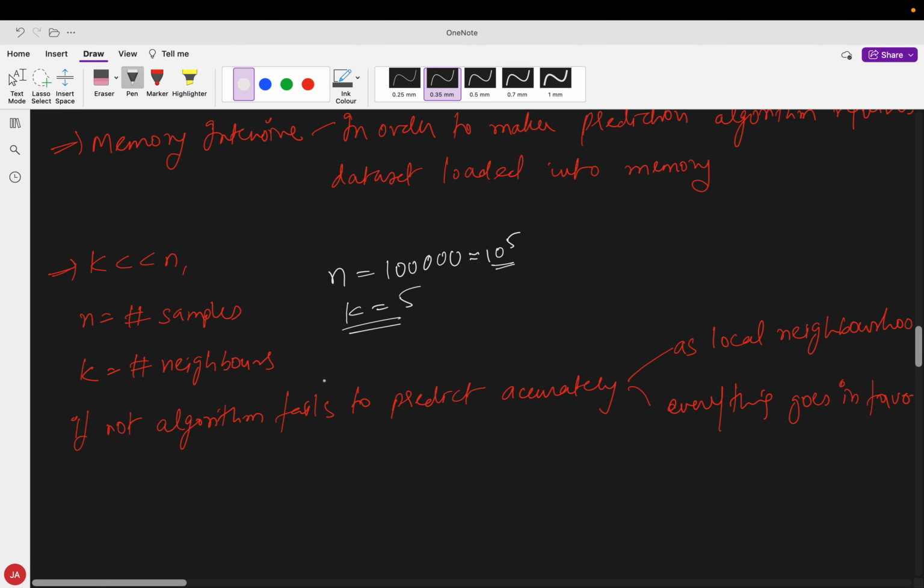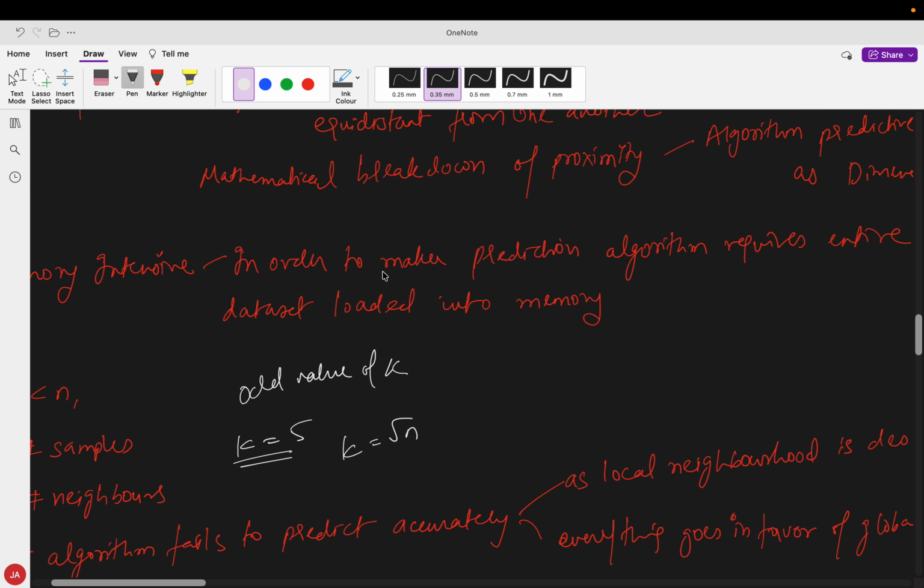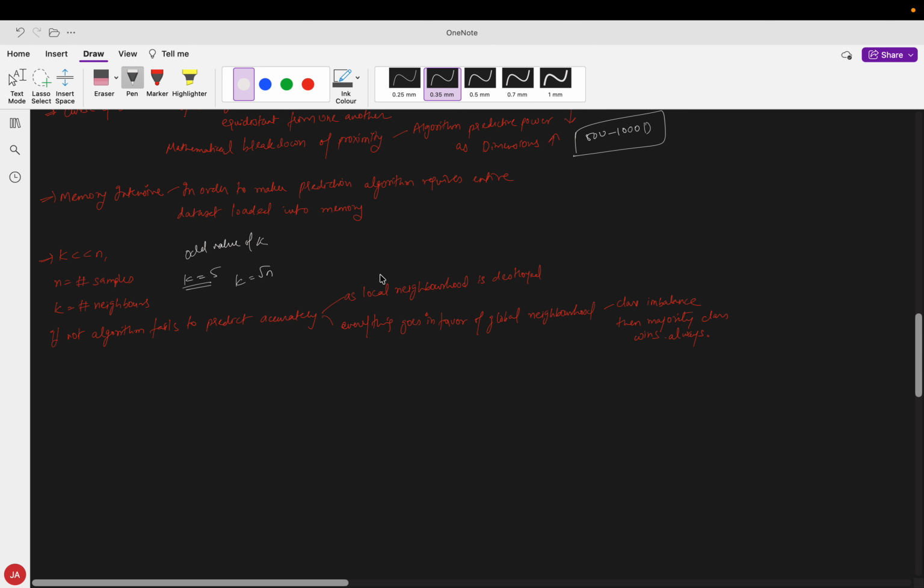There is also a rule of thumb of selecting an odd value of k for a majority task. For a classification task, we need to have a majority on one side, so an odd value can help us there.